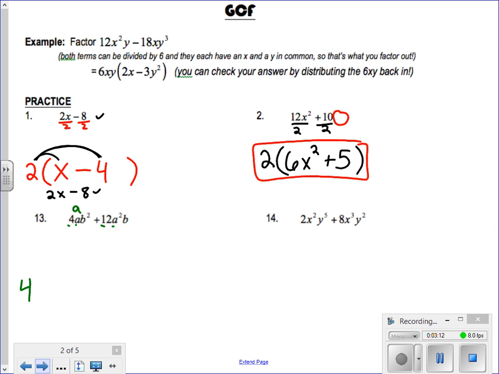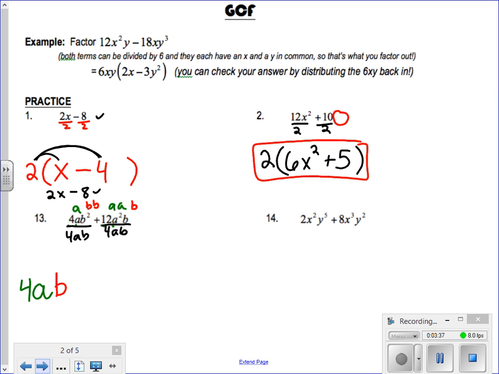The first one has 1 a, the second has 2 a's, so they only have one a in common. When I look at the b's, my first term has 2 b's, the second has 1. So just like the a's, they have one b in common. So my GCF is 4ab. That's what I need to divide everything by.